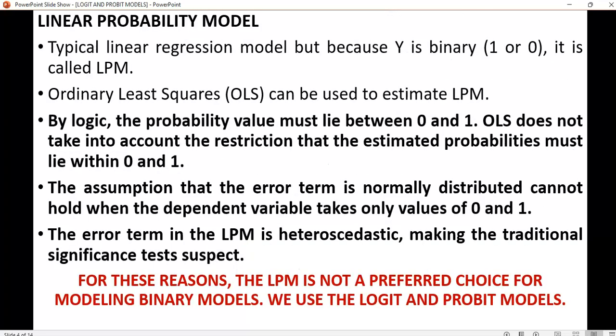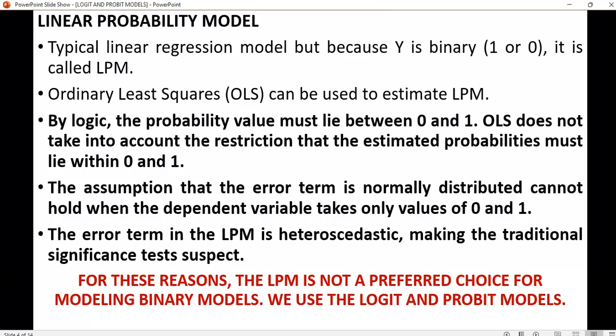Now the linear probability model is just a typical linear regression model, but because y is binary, it's either a yes, that's 1, or a no, which is 0, then it's called a linear probability model. And ordinary least squares can be used to estimate the linear probability model. But there are caveats. By logic, the probability value must lie between 0 and 1.